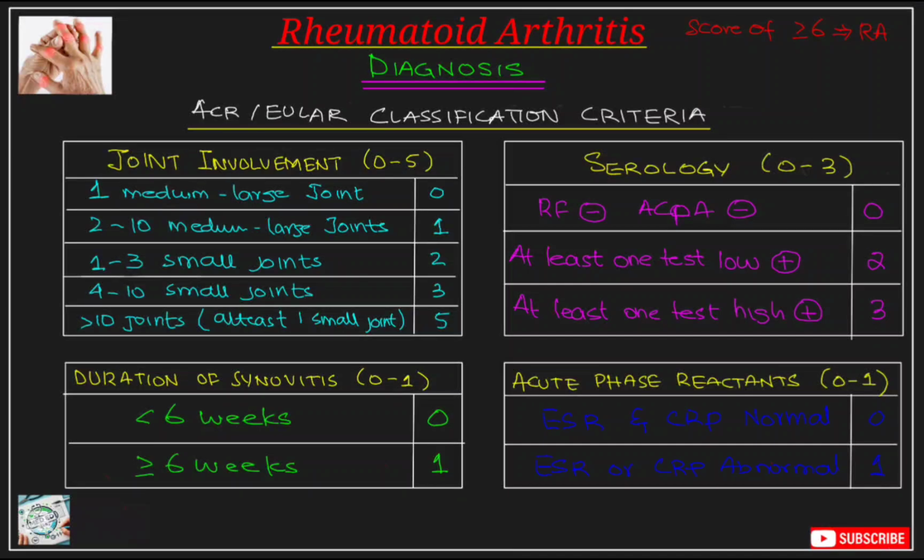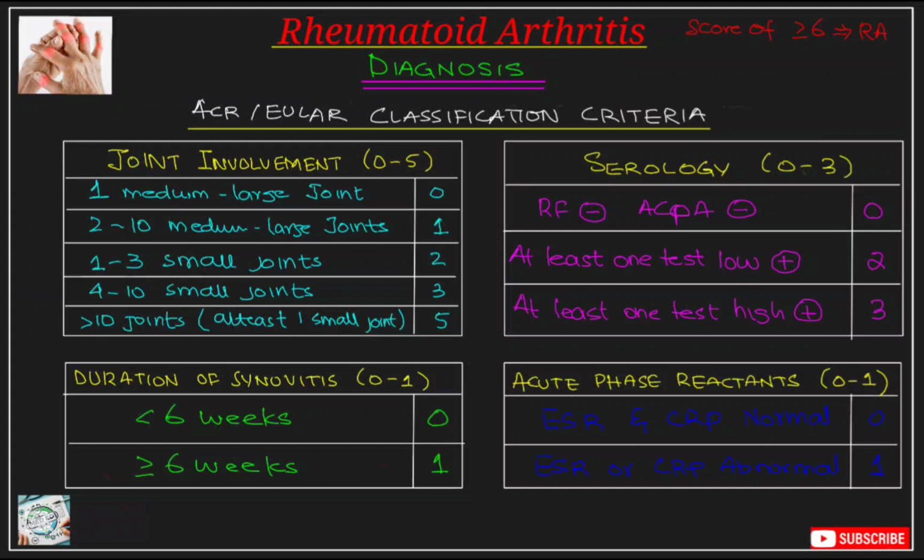In the joint involvement, she has metacarpophalangeal and proximal interphalangeal joints of both hands, so 4 to 10 small joints involved, so the score will be 3 points. In the serology parameter, the ACPA is low positive, so a score of 2 is assigned.